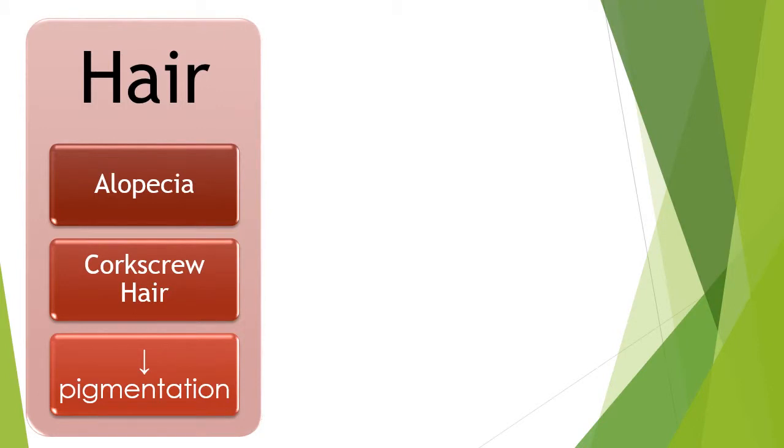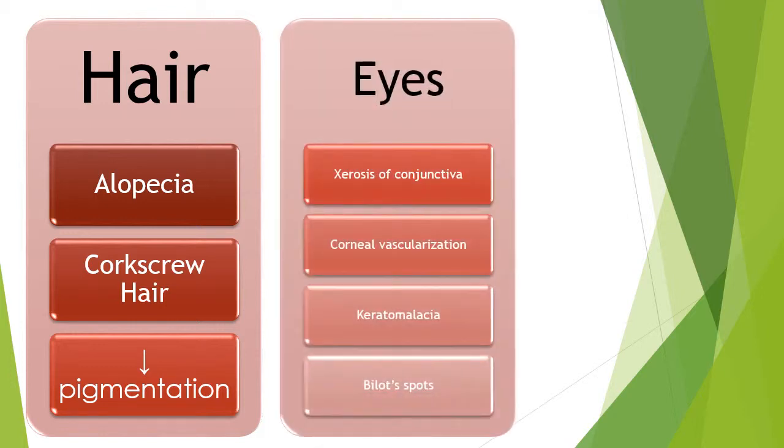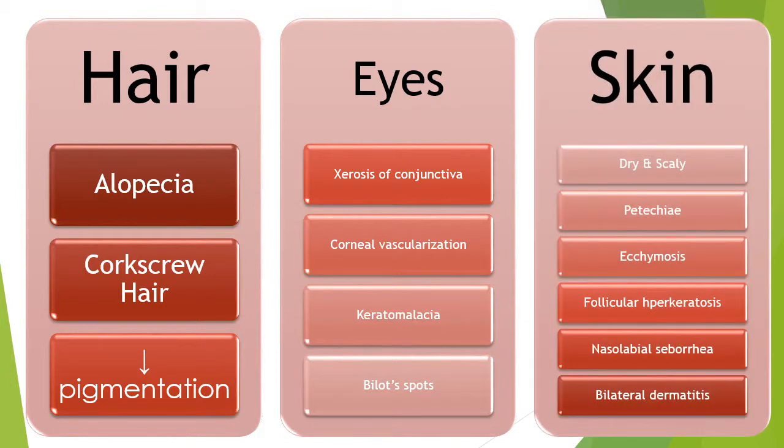Alterations in the hair can include alopecia, corkscrew hair, or decreased pigmentation. The eyes will possibly have cirrhosis of the conjunctiva, corneal vascularization, keratomalacia, or Bitot spots. Skin will appear dry and scaly, with petechiae, ecchymosis, follicular hyperkeratosis, nasolabial seborrhea, or bilateral dermatitis.